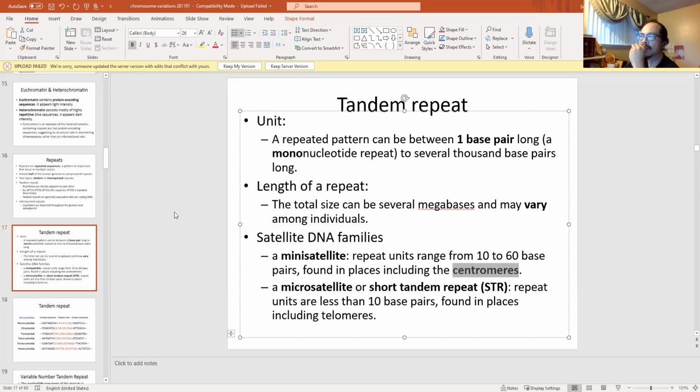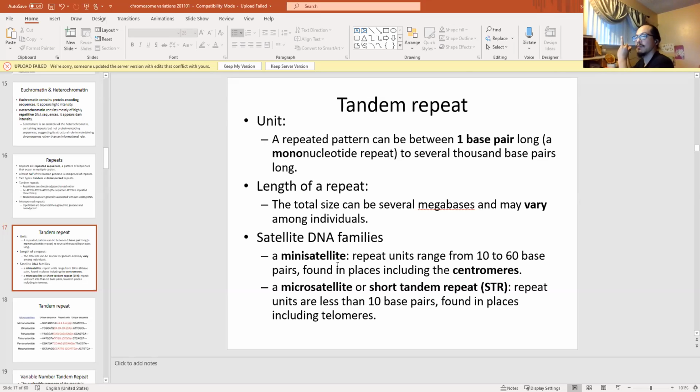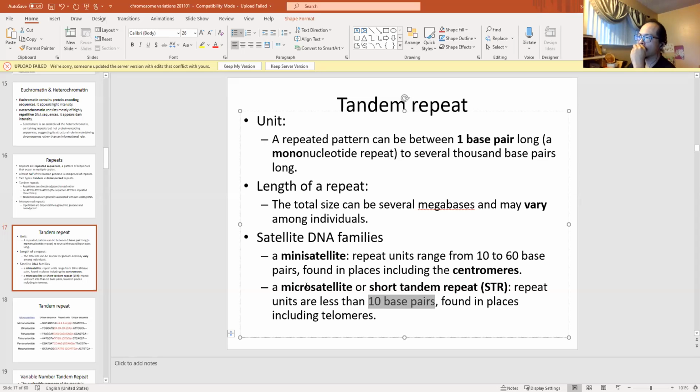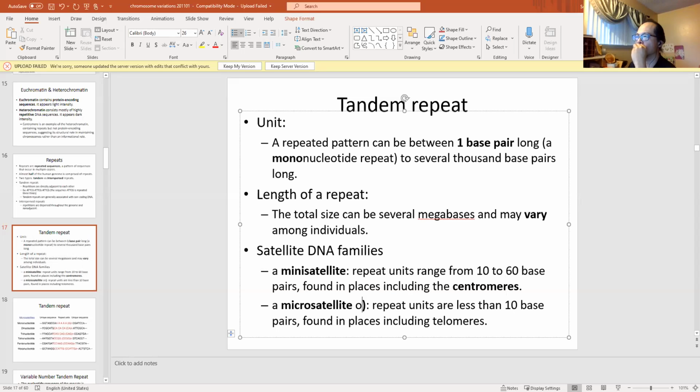The centromere is comprised of these repeats, and a lot of them are minisatellites, meaning the unit is about 10 to 60 bases long, with multiple repeats. If the repeat unit is less than 10 base pairs, 1 to 10, then it is called a microsatellite or short tandem repeat. I will just reduce this one here, because short tandem repeats can include both mini and micro. It's more consistent.